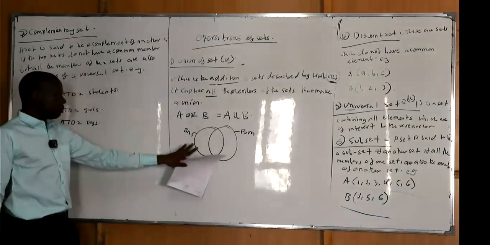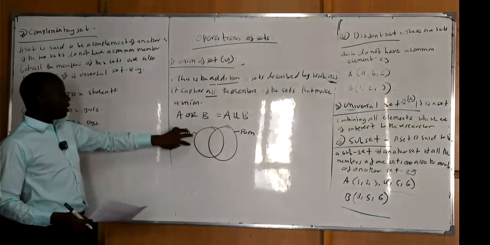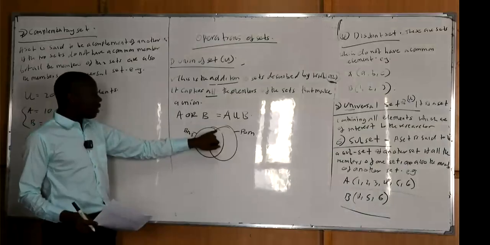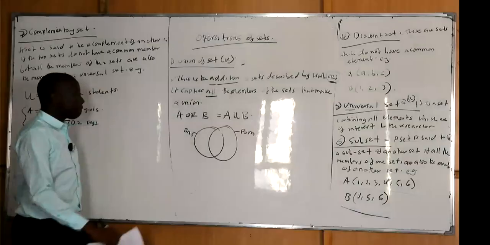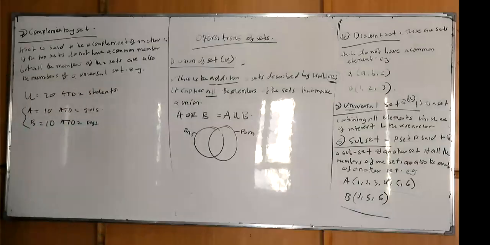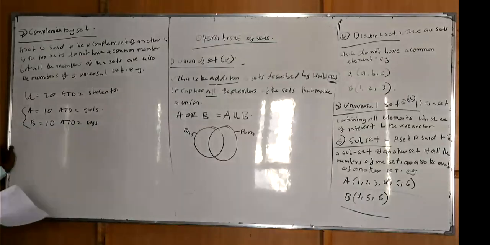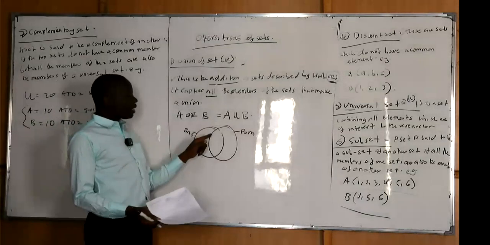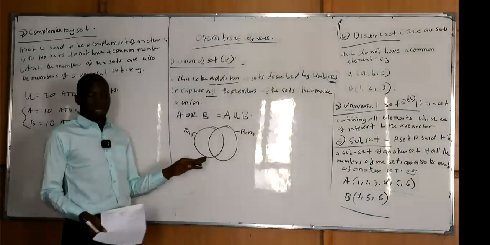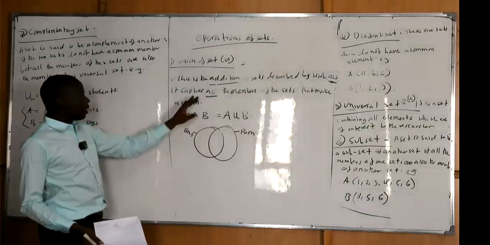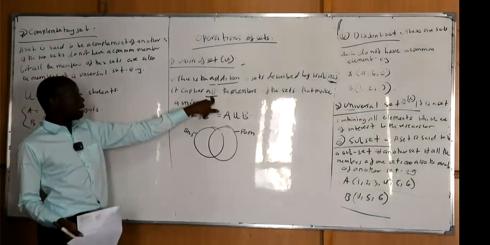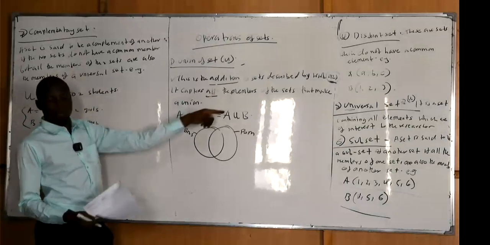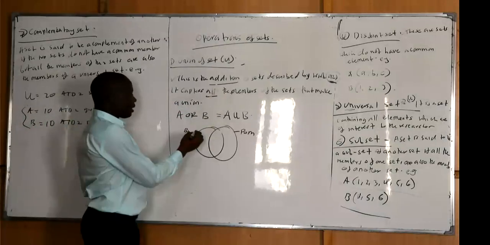Those here are BMS, those here are POM, and those in the middle do both. If all the students are taking both BMS and POM, that means it is all, it is universal. So it captures all the members.